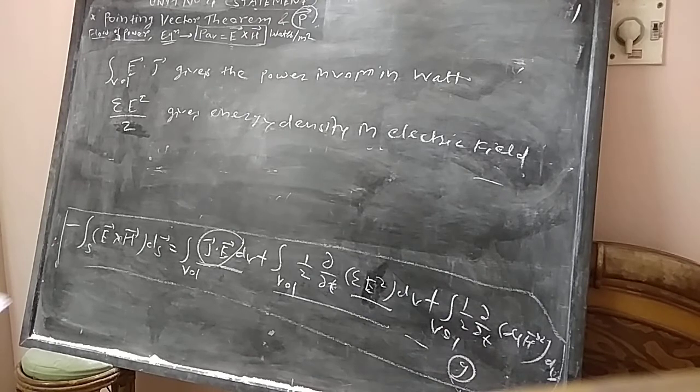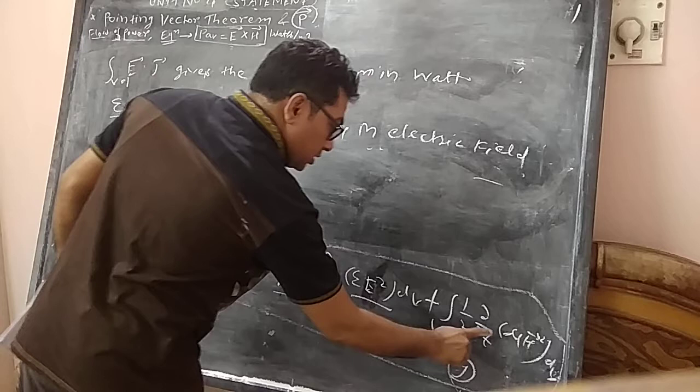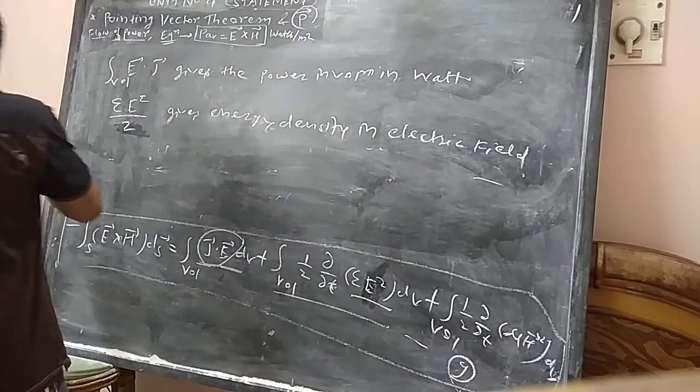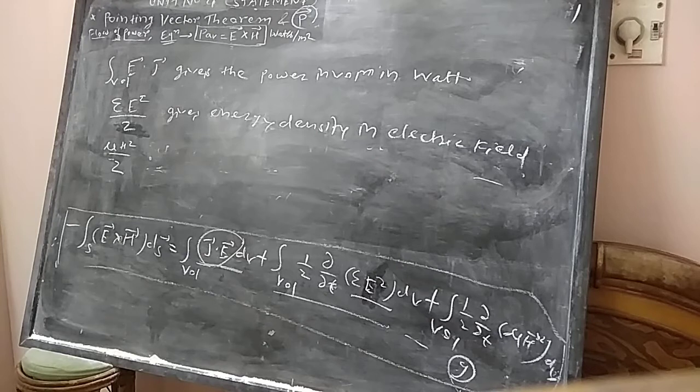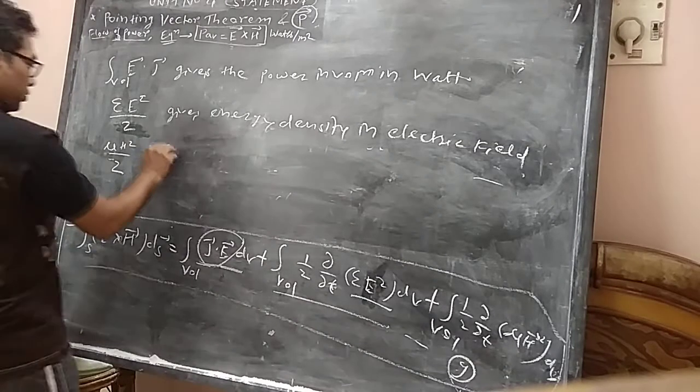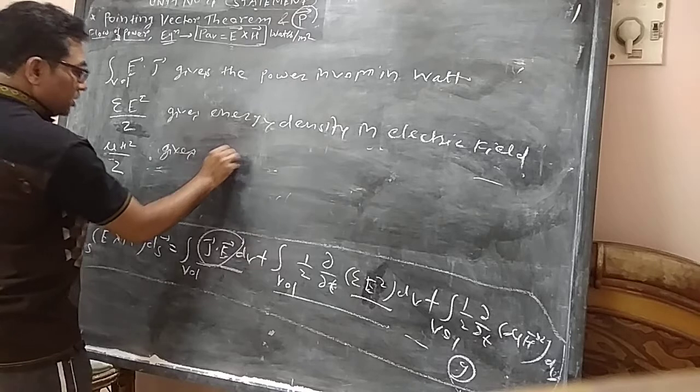And similarly the third term is mu H square. So mu H square by 2 is nothing but the energy density in the magnetic field intensity of the wave.